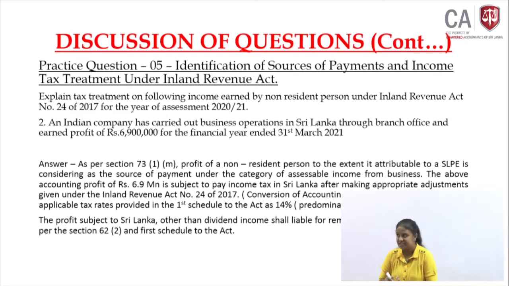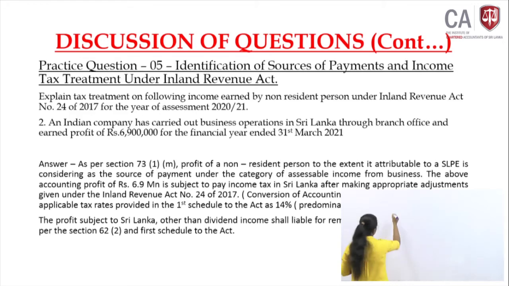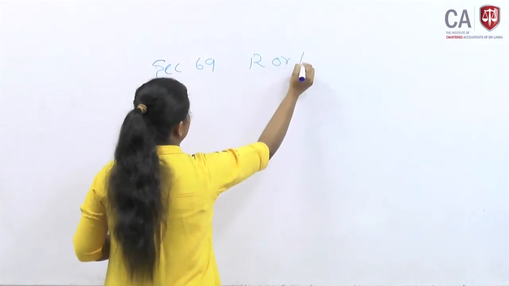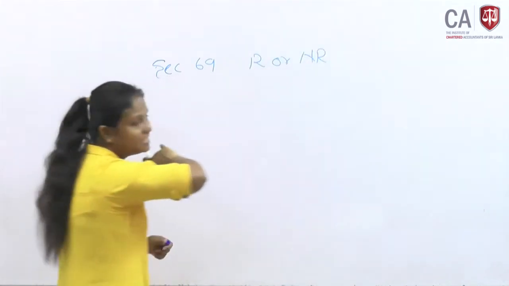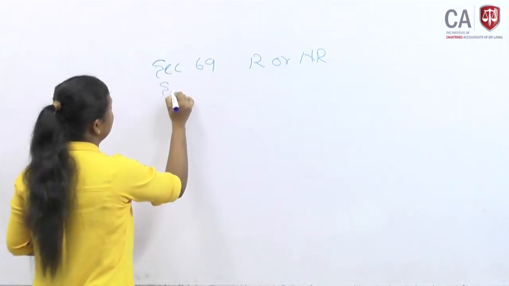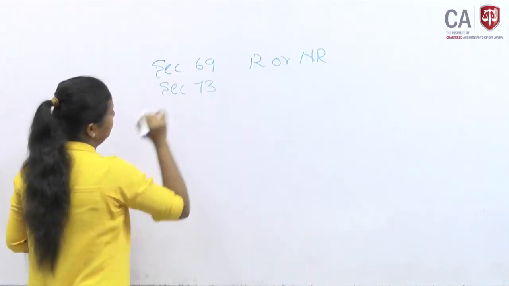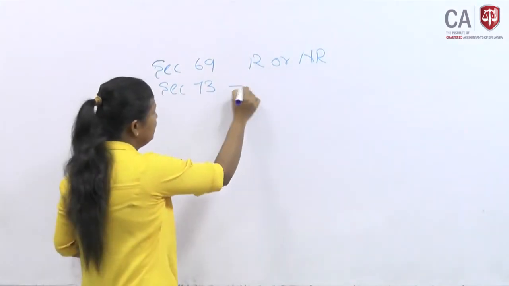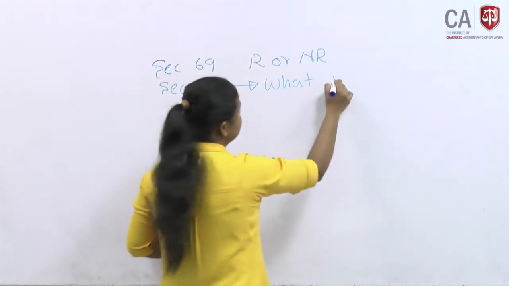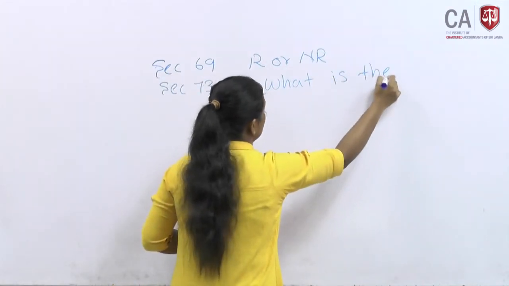First thing you have to determine under section 69 is whether this is resident or non-resident. In this question it has been given. Then after that you need to apply section 73. Under section 73, what is the source of payment of this non-resident person?